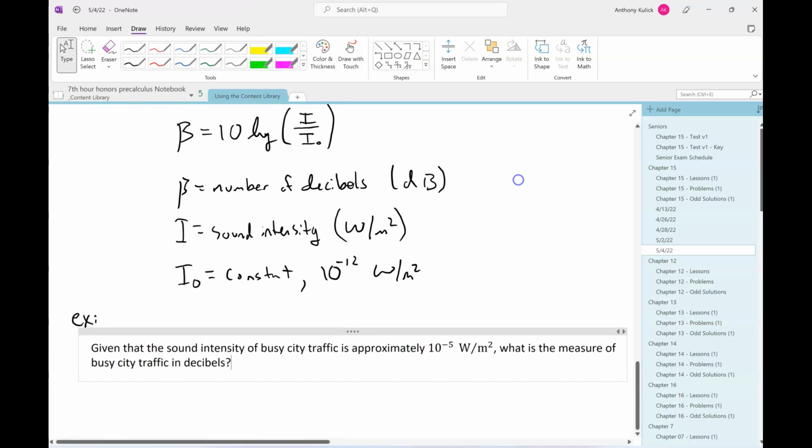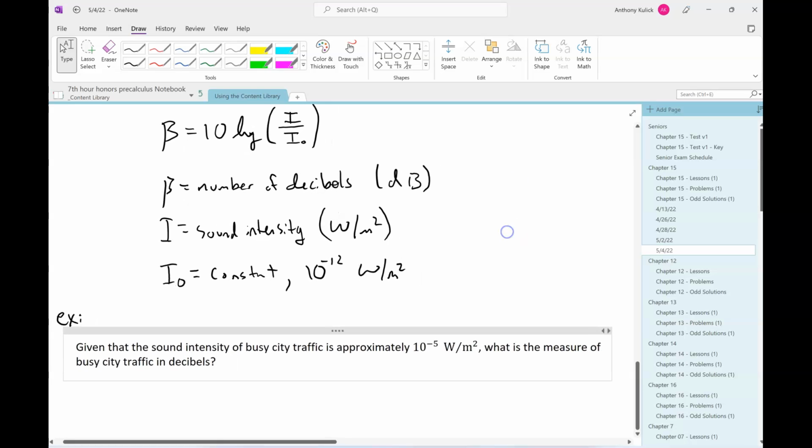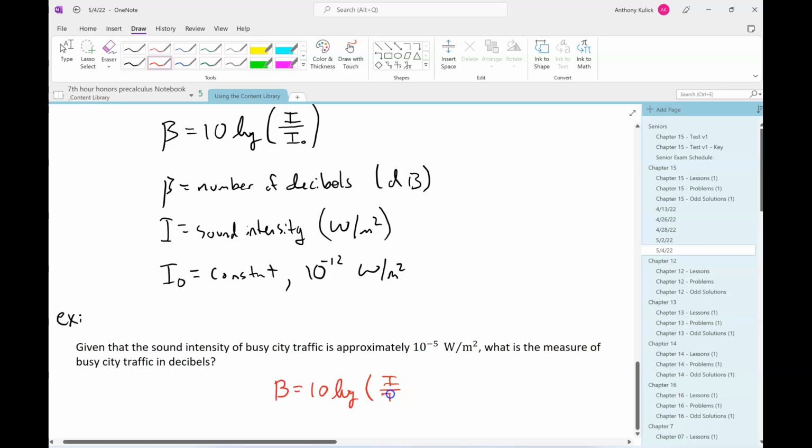So let's look at an example. Given the sound intensity of busy city traffic is approximately 10 to the negative fifth watts per meter squared, what is the measure of busy city traffic in decibels? Well, hopefully nobody's surprised when I want to use that decibels equation to answer a question about decibels.